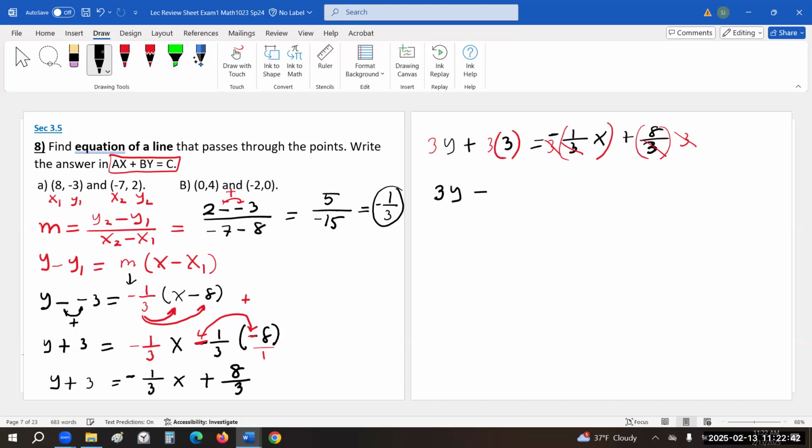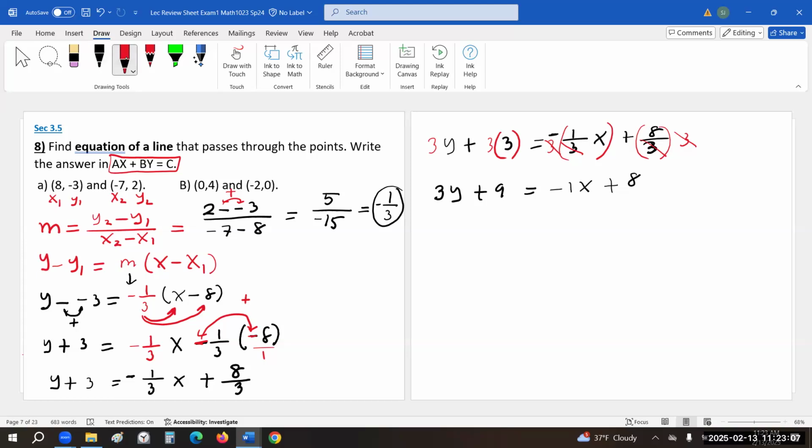So we have 3y plus 9. And what is left on the right side? Negative 1x plus 8. Now we want to bring x and y together and the numbers together. So what do we do?